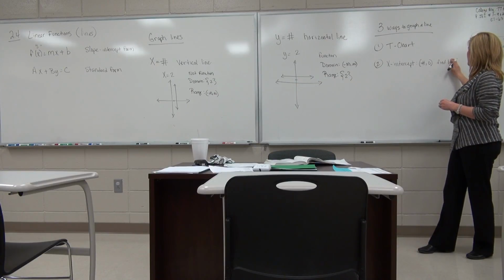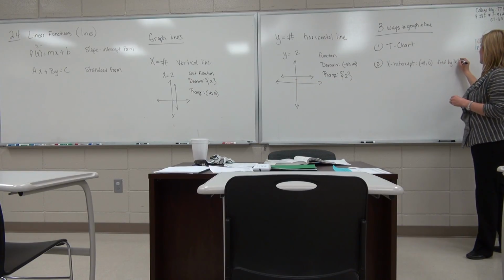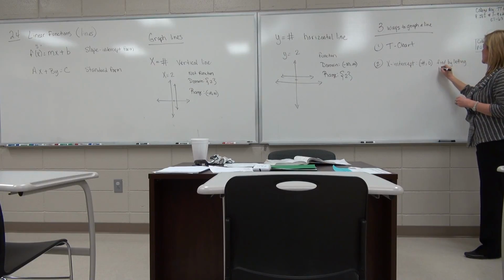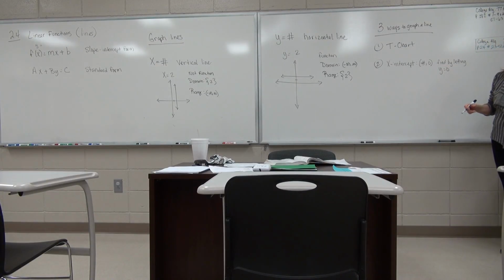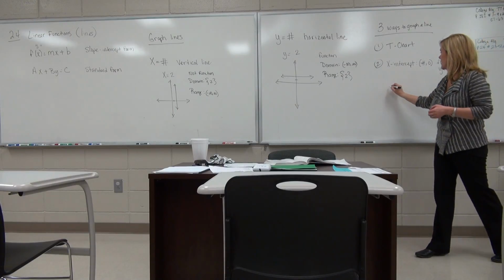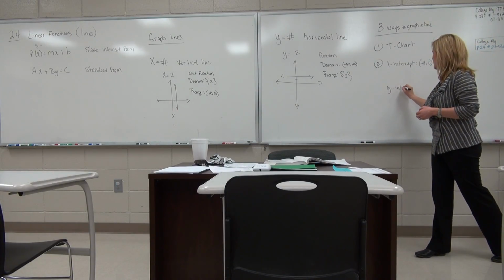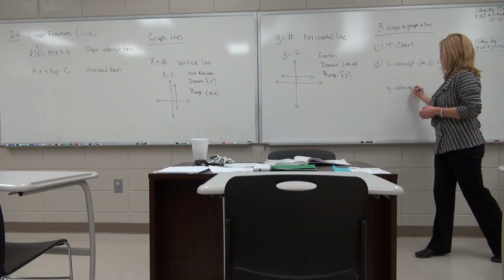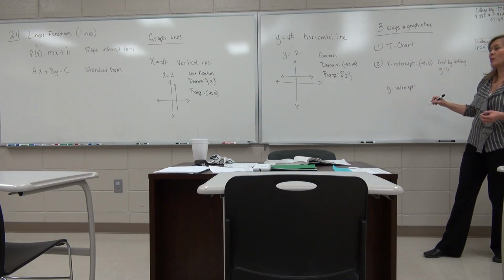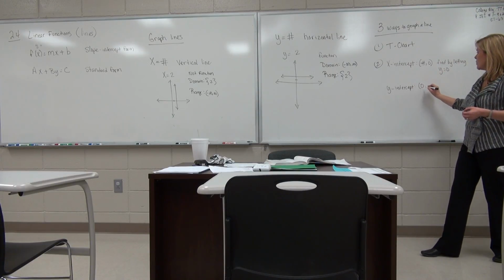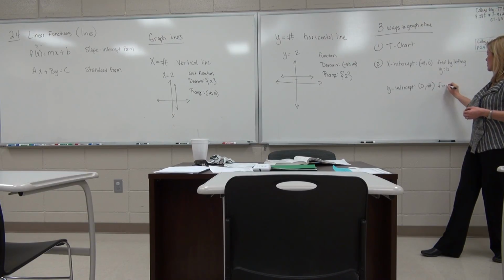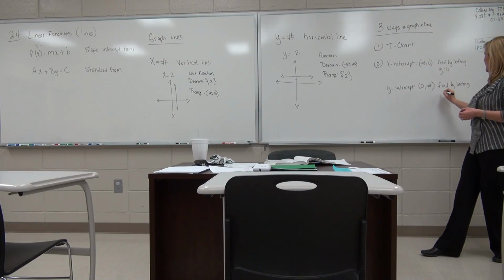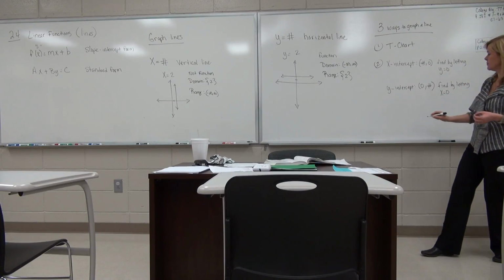Find it by letting y equal 0. And it's the point where your line crosses the x-axis. Then you have your y-intercept. Your y-intercept is where your graph crosses the y-axis. And this will always be when x is 0, and you'll have some value for y. You find it by letting x equal 0.